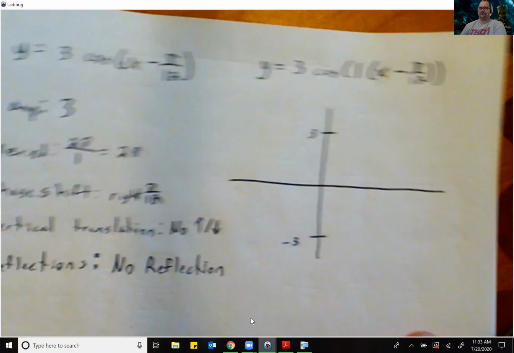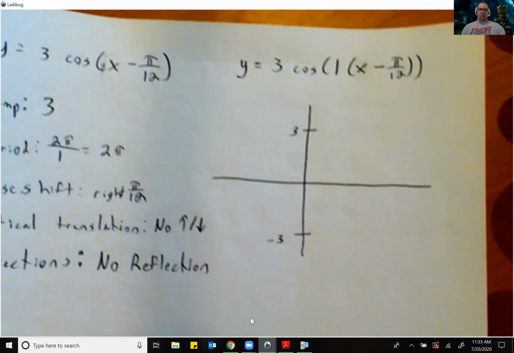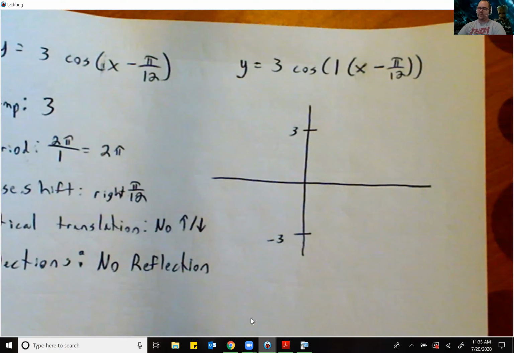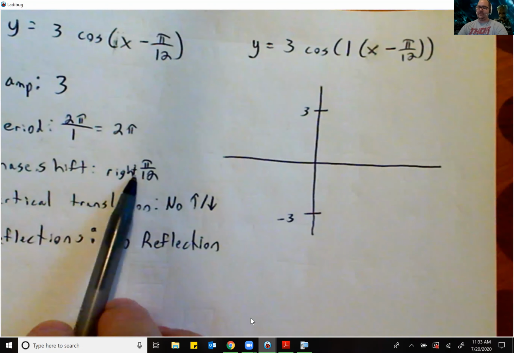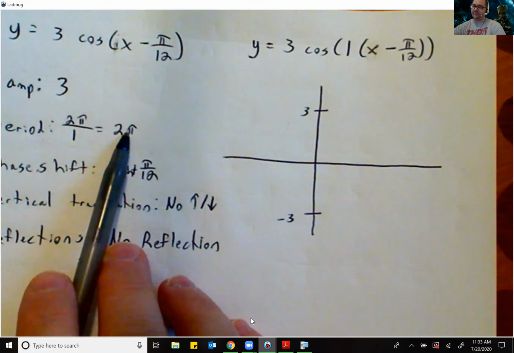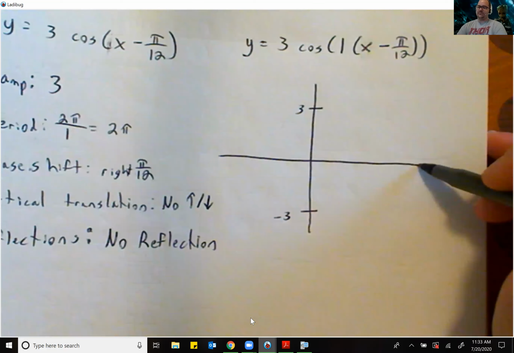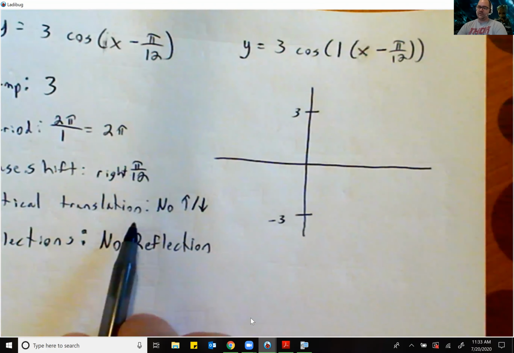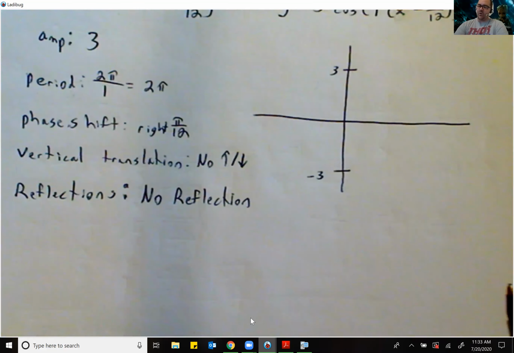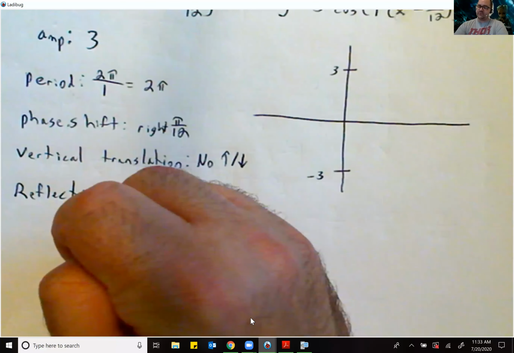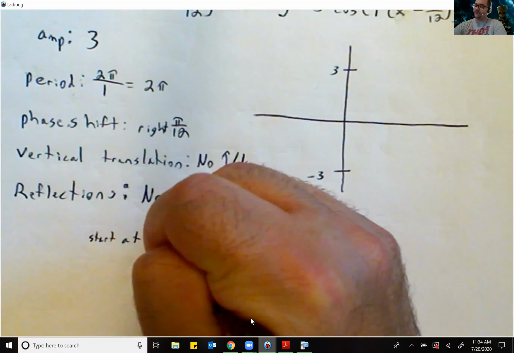All right, so let me generate what this picture is going to look like. The first thing is I need to slide my graph that originally happened from 0 to 2 pi over to the right pi over 12. So again, you're not doing this, I just got to do this by hand. I know my graph will actually start at pi over 12.